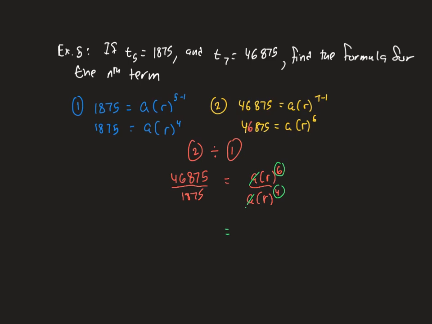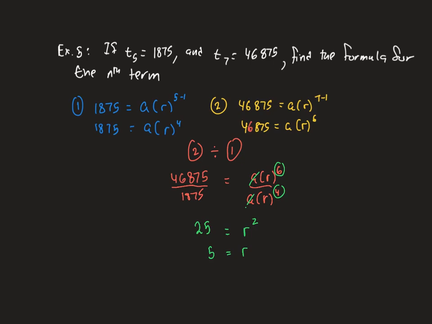So r to the power of 6 minus 4, which is 2. Right? And 46,875 divided by 1875 will give me 25. So r is, take the square root of both sides, 5. Now, obviously, when you take a square root, you're going to get positive and negative answers. You only want the positive answer here because, obviously, the negative answer does not make sense.